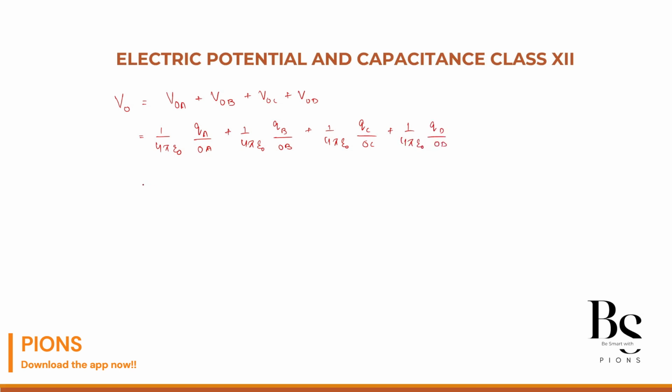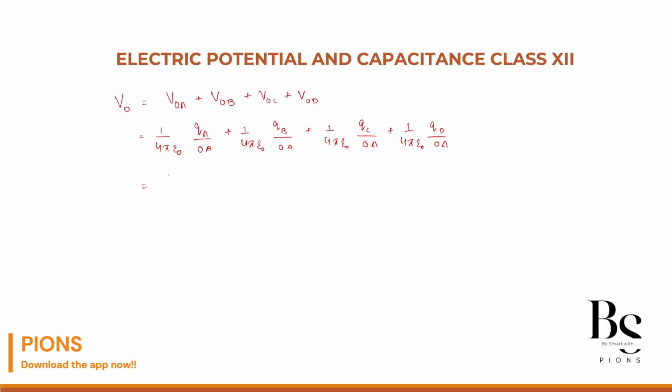Let's take common things. Pay attention. OA, OB, OC, OD all are equal. Just now we found they are 1 meter. So let's make it OA, OA, OA. They are all the same, so you can write anything. If you are not comfortable with OA, write OB or OC or OD, doesn't matter.